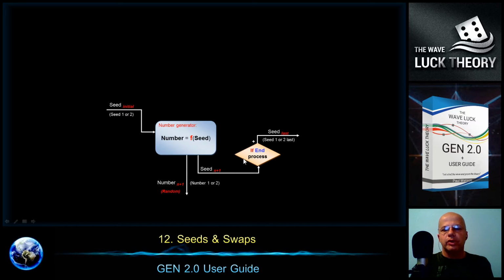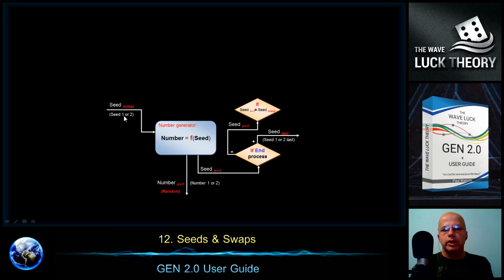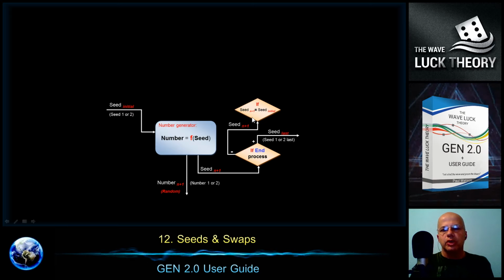So if it's not ended, it goes to another decision process, where the seed is compared with the initial seed, and whether it's the same or not means we are checking if the seed is repeated or not, to keep the sequence of the chain of random numbers unique. So in most cases, and through millions or billions of cycles, the new seeds are different from the initial seeds.